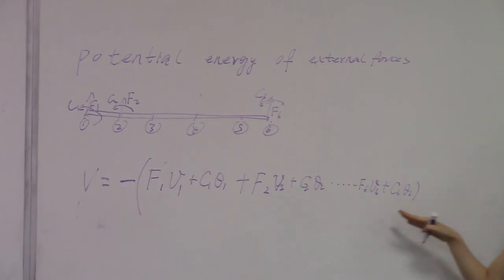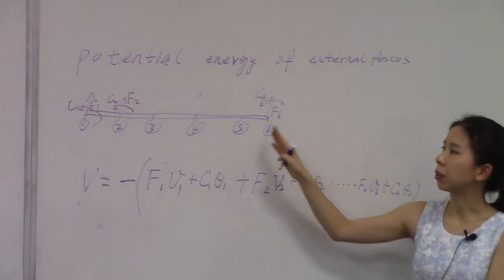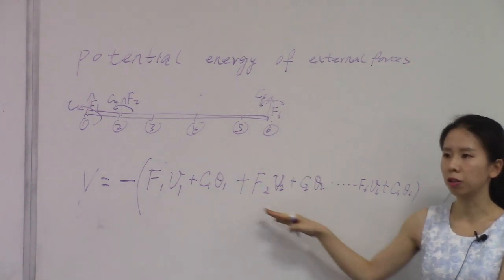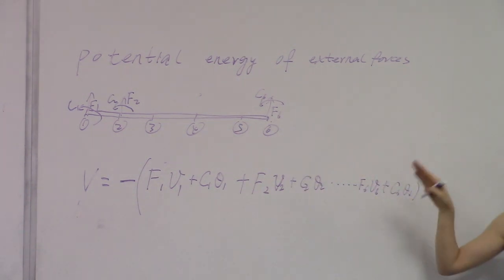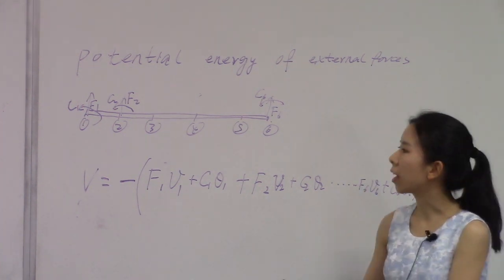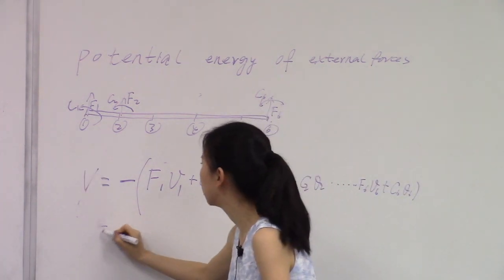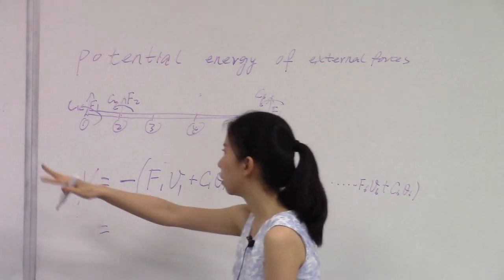So any problem here? The potential energy of external forces. You have the concentrated force and couple at each node, and then you calculate the potential energy of all these forces and couples. So for this one, we can always write it in a form like this part.